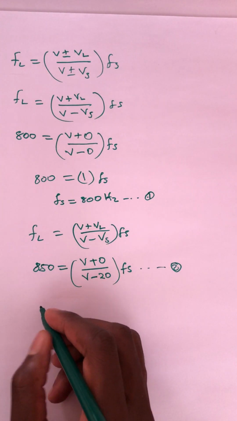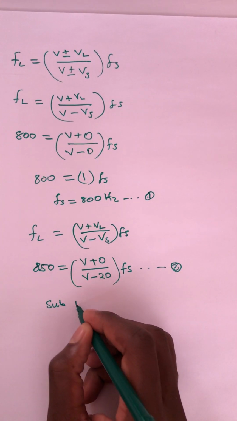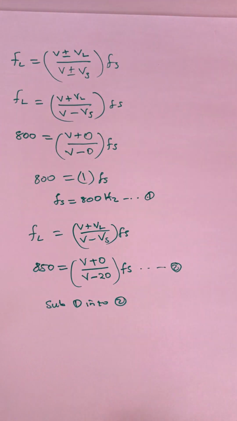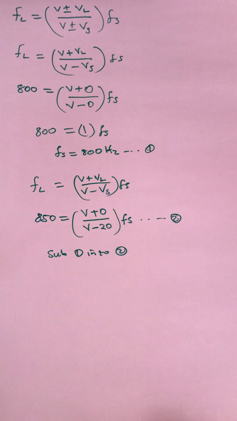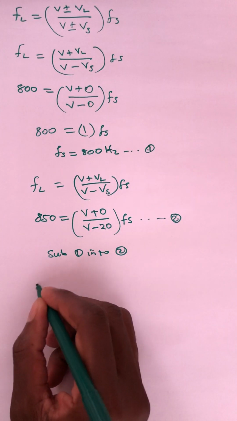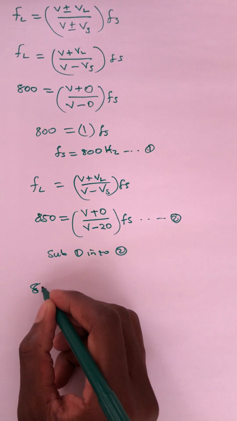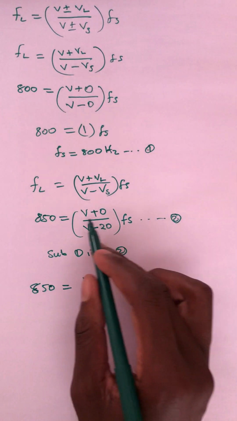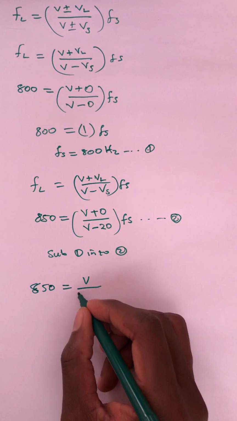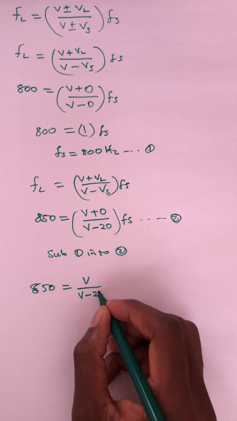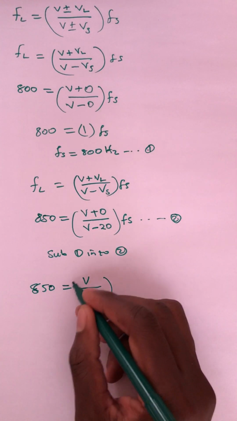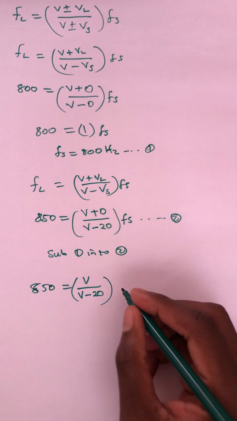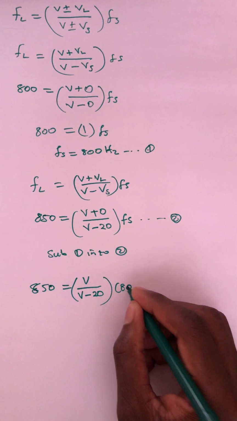Now we substitute equation 1 into equation 2. Now let's check. 850 in equation 2 is equal to v plus 0, which is v, all over v minus 20. What is Fs? Fs from equation 1 is 800, so we substitute 800 here.